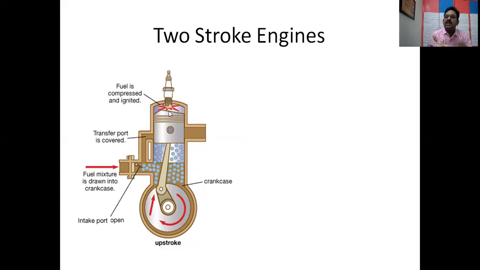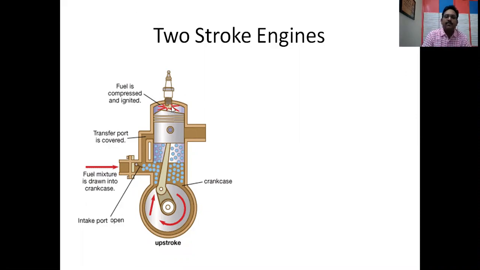That is compressed. So two things happen in this stroke. One is the intake stroke: fresh fuel air mixture comes in for a petrol engine, and fresh air comes into the crankcase for a diesel engine. Simultaneously, the compression also takes place, and whatever is already inside will be compressed.